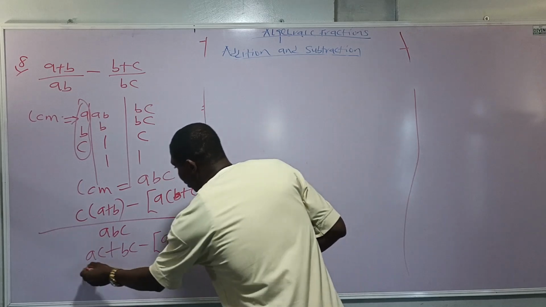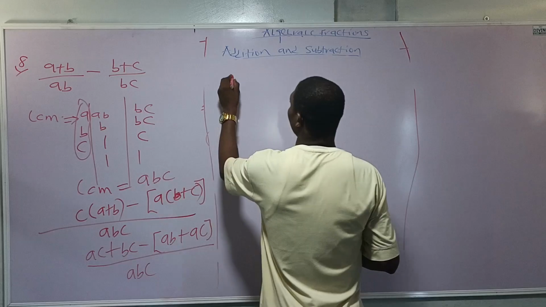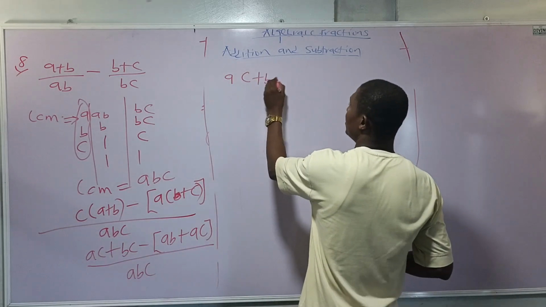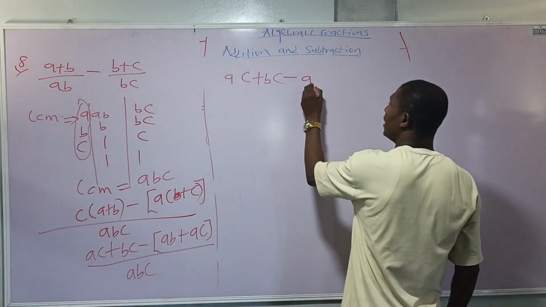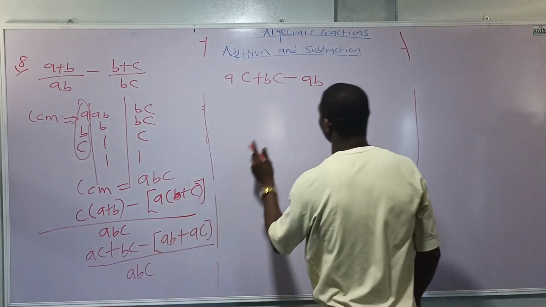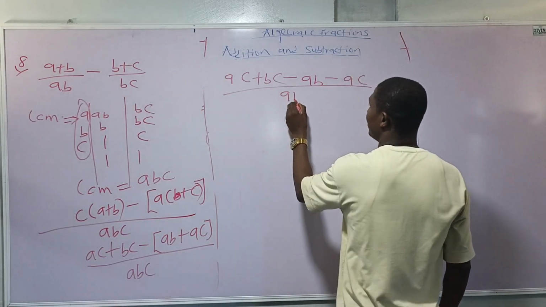AC. All over ABC. Negative times invisible positive will give me negative AB, and negative positive will give me what? Negative AC. All over ABC.